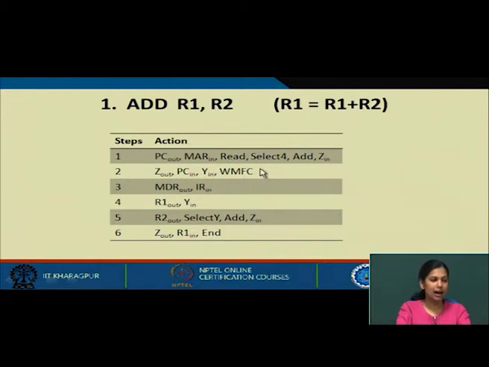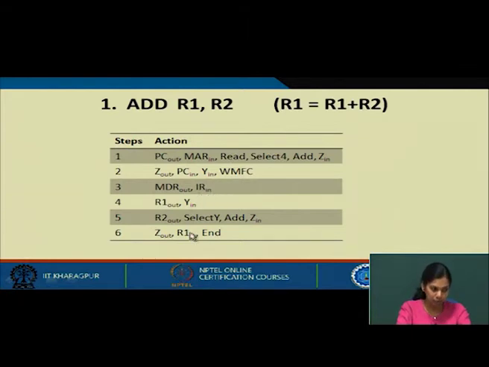That means, after the memory function complete is set by the memory unit, we know the instruction is now available in MDR. Once the instruction is available in MDR, it can be brought into IR.